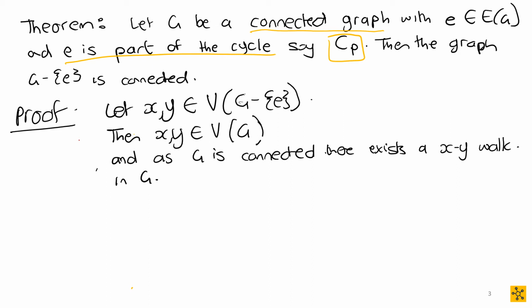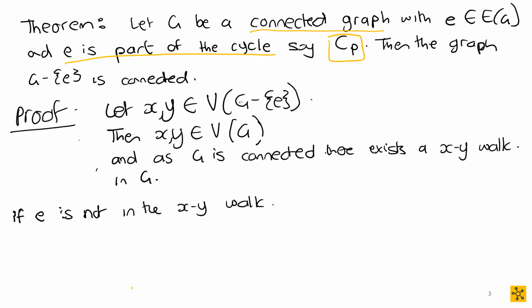And we say, okay, if e is not in the xy walk, so if that edge e that we're talking about is not actually in that walk, well, then it's going to be a walk even in the graph where that edge is removed. Right? So that makes sense.